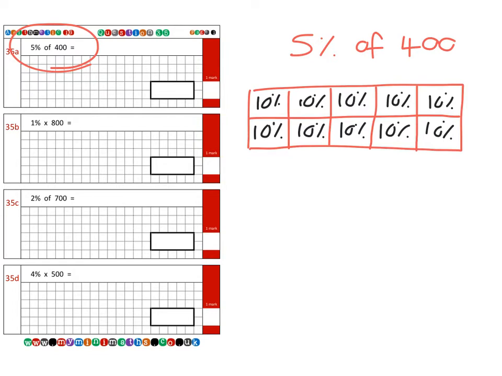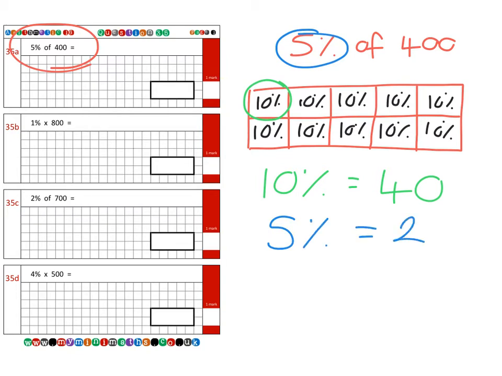Now, if one of these 10% is 400 divided into 10 equal parts, then 10% is going to equal 40, and then the 5% is half of that, which equals 20.